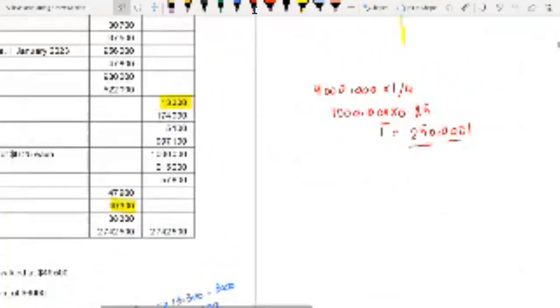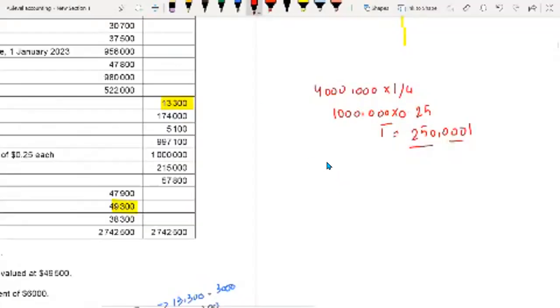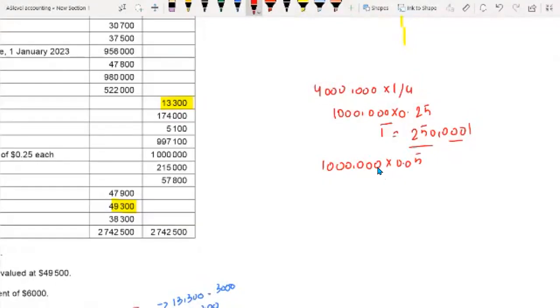So the number of shares which we issued is 1 million, and the premium price was 0.05. So 0.05 times 1 million, you have $50,000 share premium.